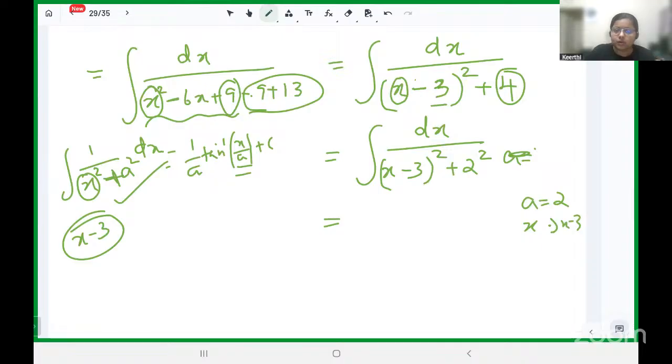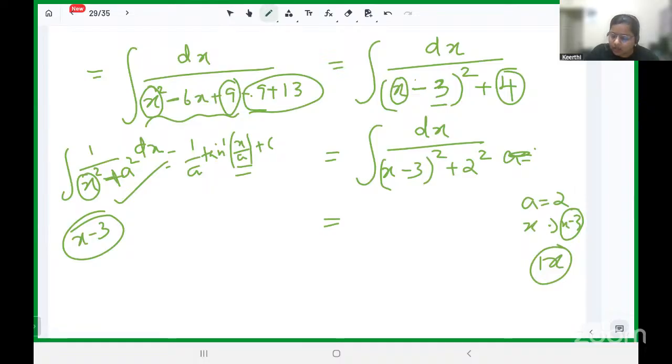Okay, so what you have to do, you have to divide by the derivative of the linear polynomial. Here the derivative of this linear polynomial means the coefficient of x. Coefficient of x is 1, isn't it? So if you divide a function by 1, that is that function itself.